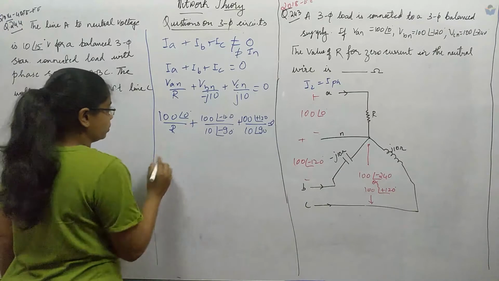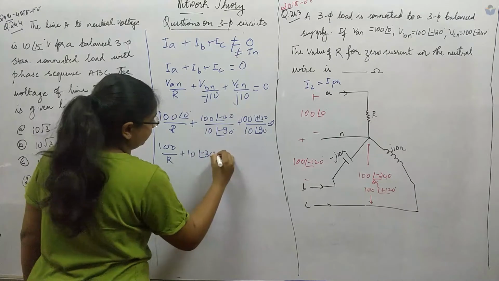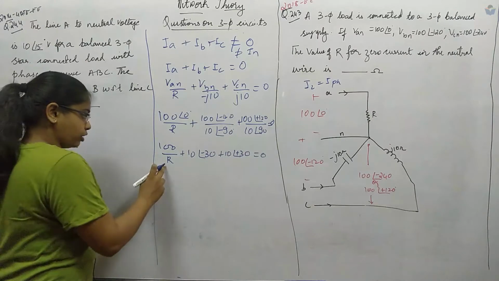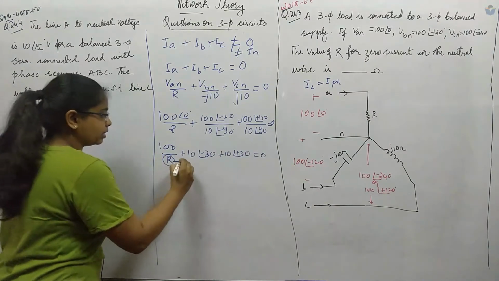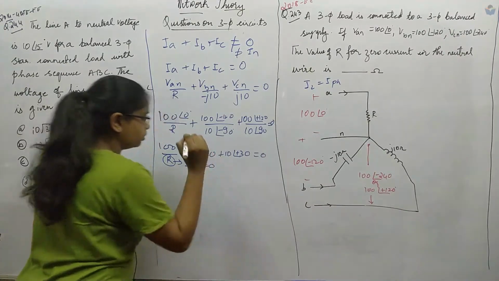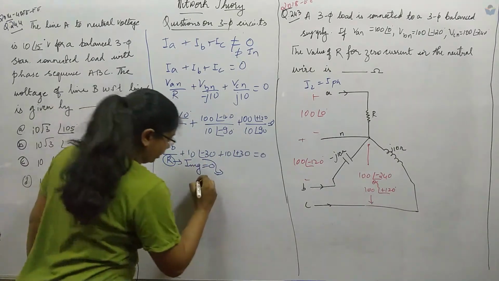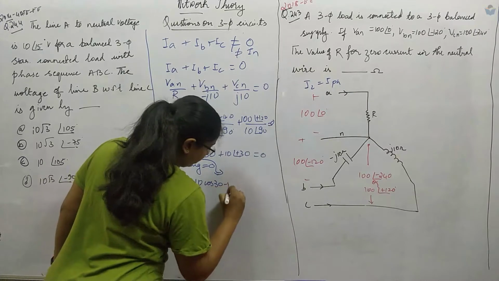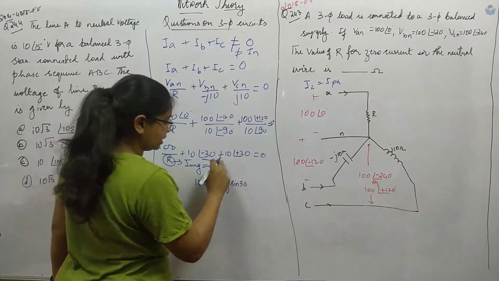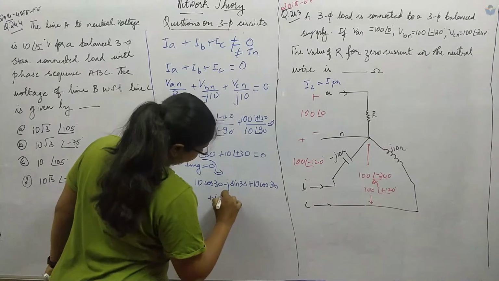Now when you solve this, 100 by R plus 10 angle minus 30 plus 10 angle plus 30 equal to 0. To solve this for R, R does not contain any imaginary part, so the imaginary part will be equal to 0. So when you open 10 angle minus 30 degree, it is 10 cos 30 minus J sin 30, and 10 cos 30 plus J sin 30.